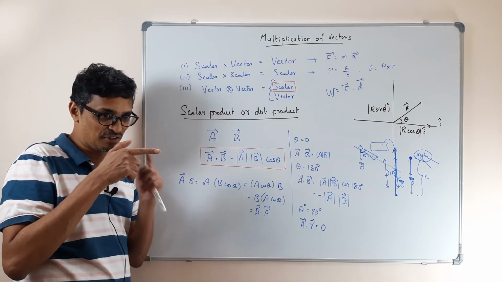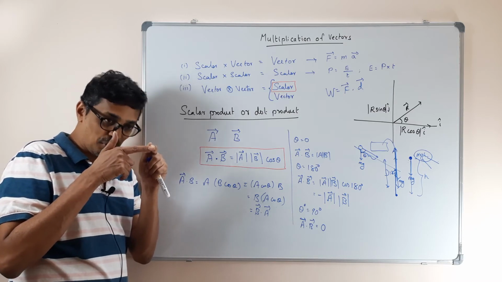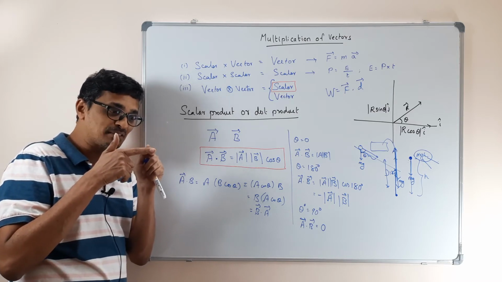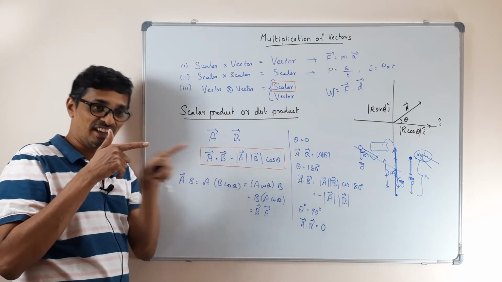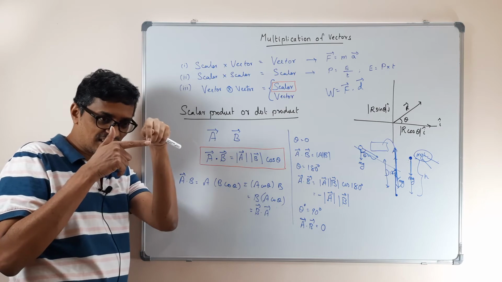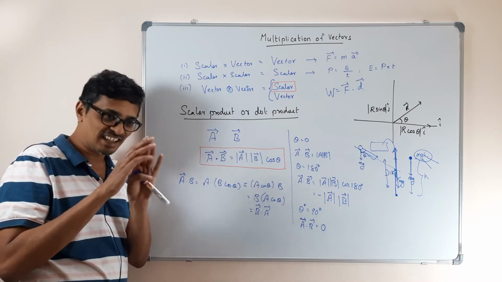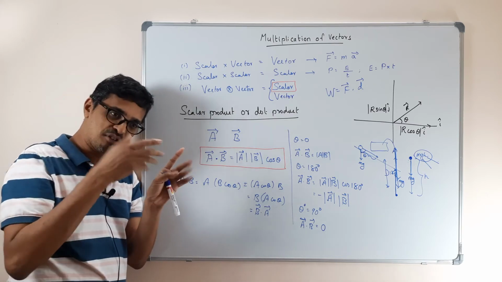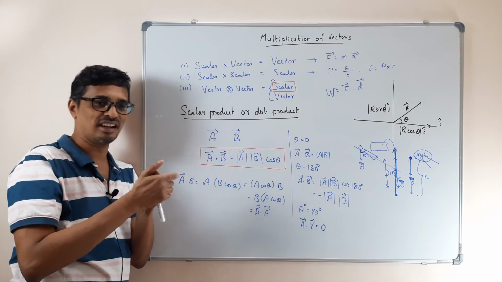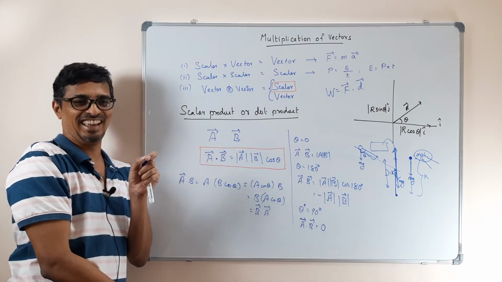If a force is applied and the force has not caused any displacement along the direction of the force, or any component, or it just gives a force perpendicular to it, that means this force has not done any work on that bullet. Your trigger has not fired the bullet. It misfires, the bullet just drops. You got it?